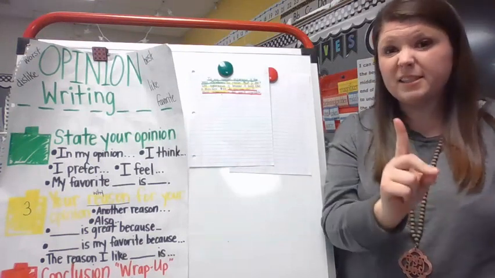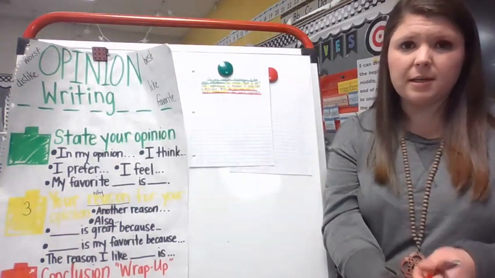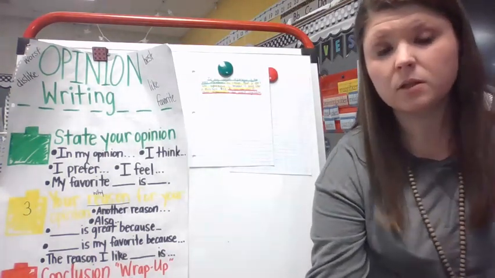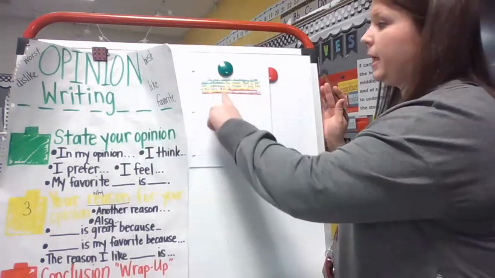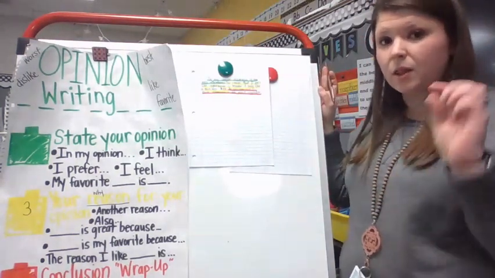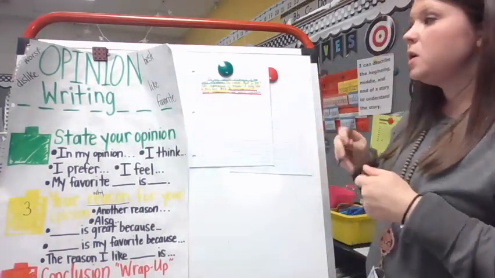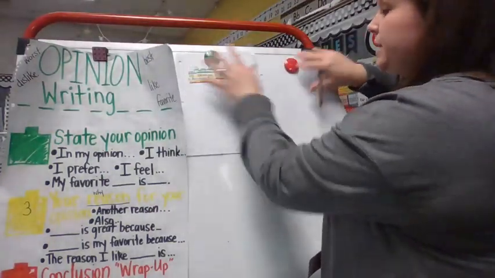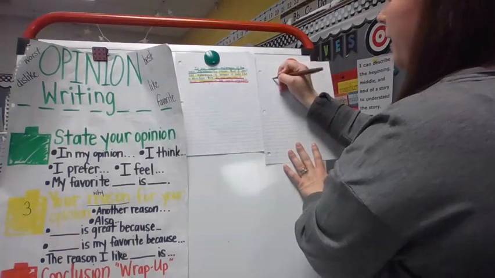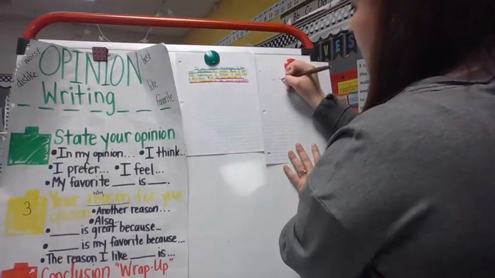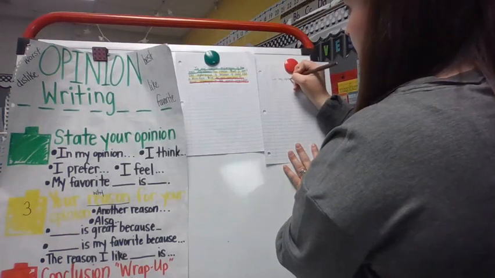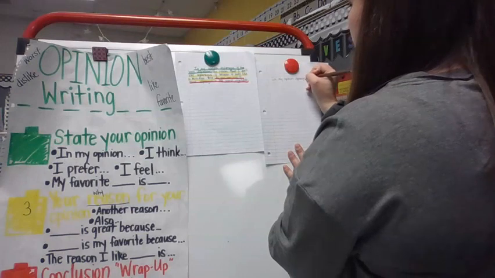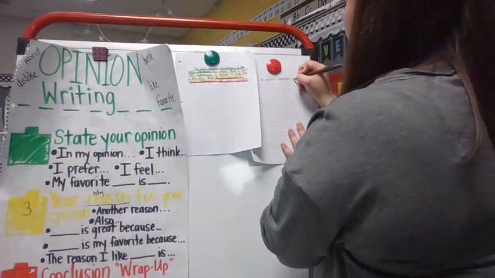But one reason doesn't always prove something, does it? You have to have more than one reason. So we need to expand my one reason and make it 3 reasons, okay? So what I'm going to do is rewrite my beginning sentence where I stated my opinion, all right? In my opinion, asparagus is the worst vegetable.